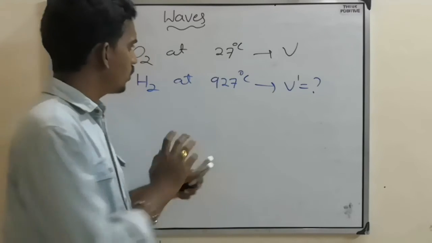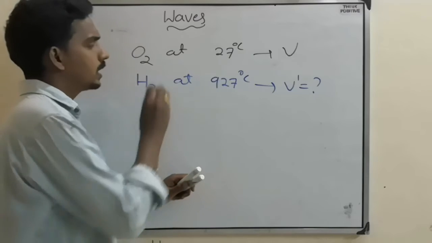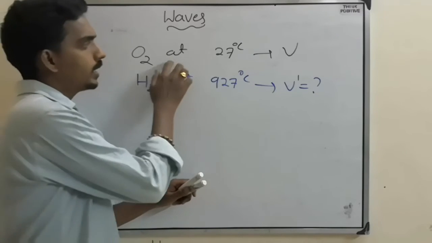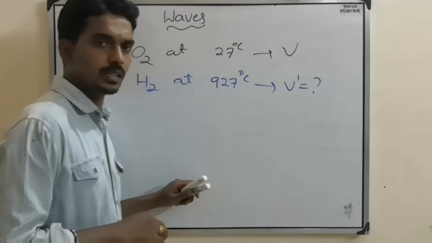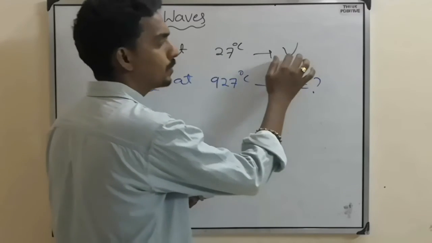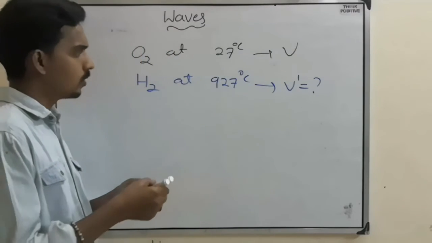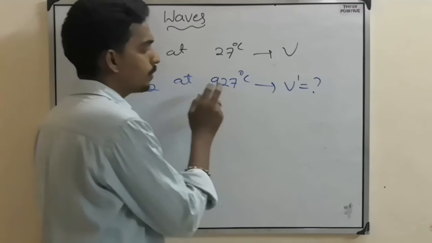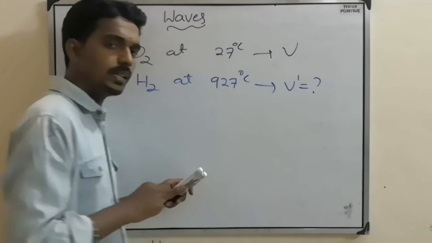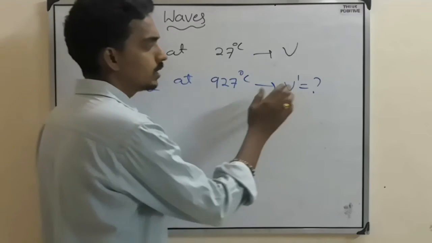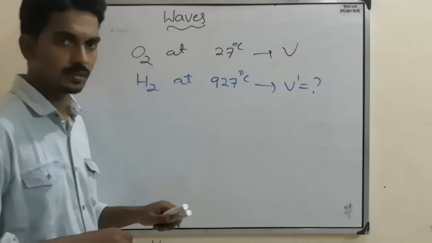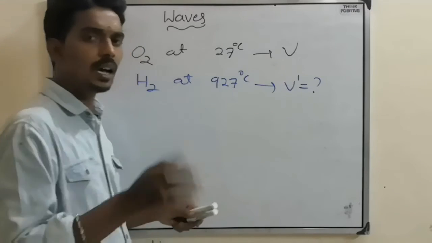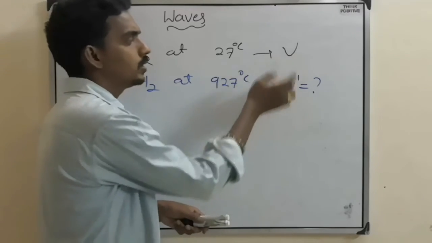Now consider one gas, oxygen, at temperature 27 degrees Celsius, having speed of sound V. Now another gas, hydrogen, at temperature 927 degrees Celsius, in which the speed is V dash. What is the relation between these two?